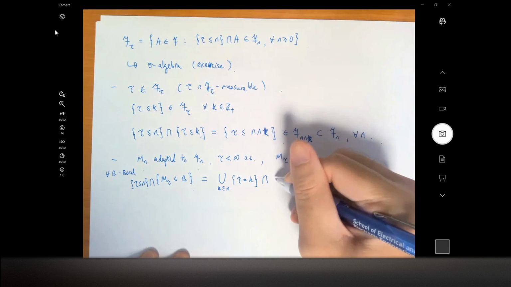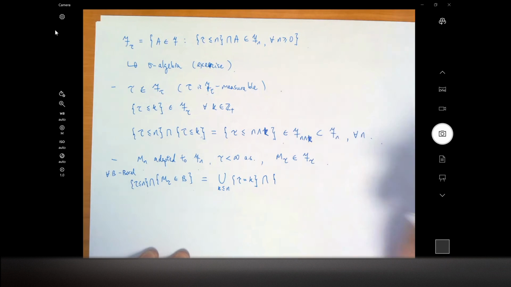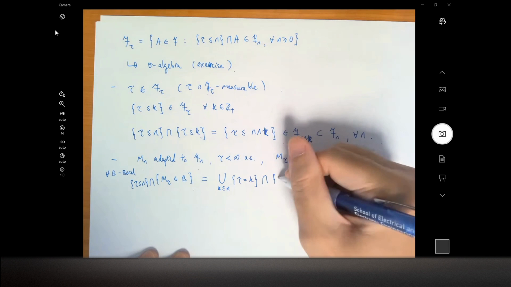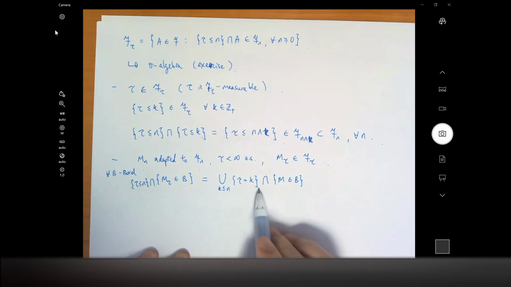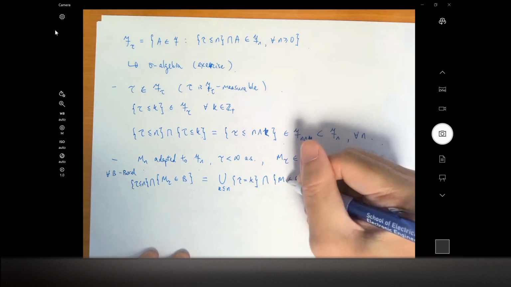Now intersect with M_tau inside B. But because I'm intersecting with the event tau equals k, I can replace tau with k.